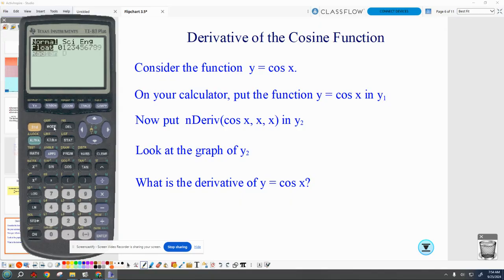If you are not in radians and you're trying to do this, it will not work. So just showing you calculator tricks. I want to now know what cosine looks like with respect to x. So there's cosine of x, and I need to say comma x. So that's the variable, and how is the variable changing with respect to x?